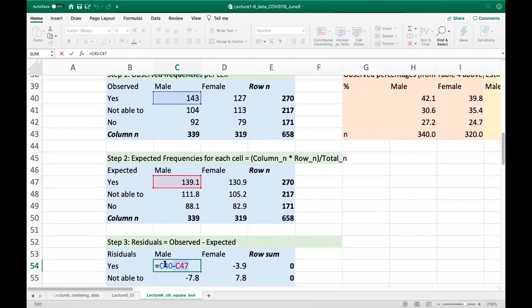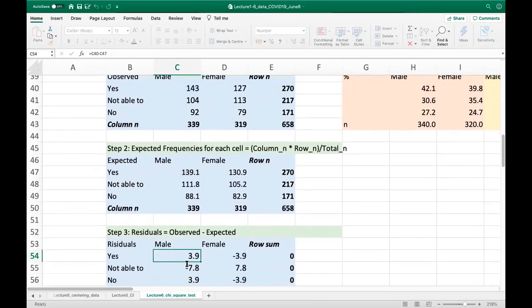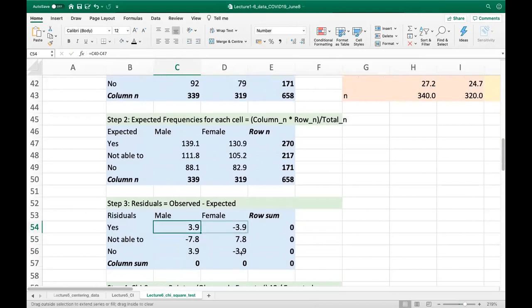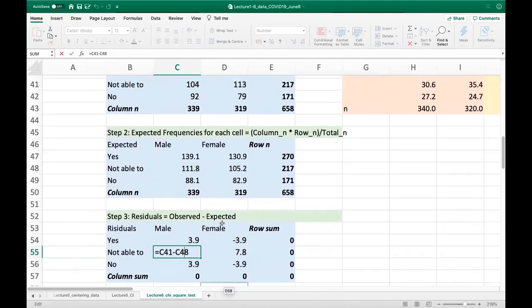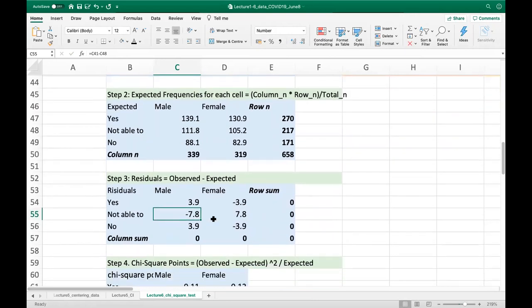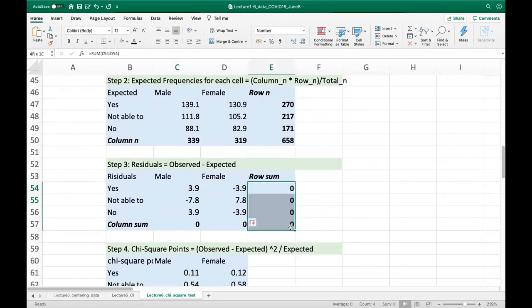And again, if you have one formula here, and you don't put any dollar sign, and just drag it across the whole field, it automatically updates to the correct differences. Okay, so that's residuals. It's observed minus expected. You can see that all the residuals add up to 0 on the row, and on the column also add up to 0.